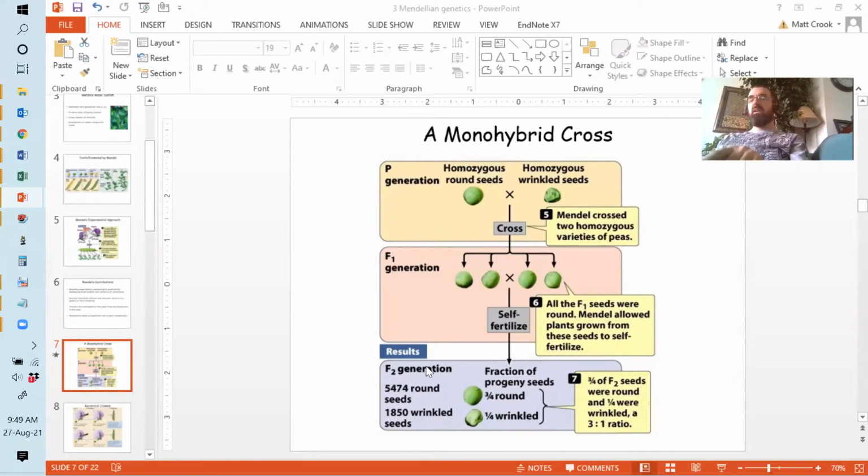And then these are crossed together, and because they're heterozygous, they each have two different potential alleles, which when you combine them together will give you, actually it's worth pointing out this, a 1 to 2 to 1 genotype ratio.